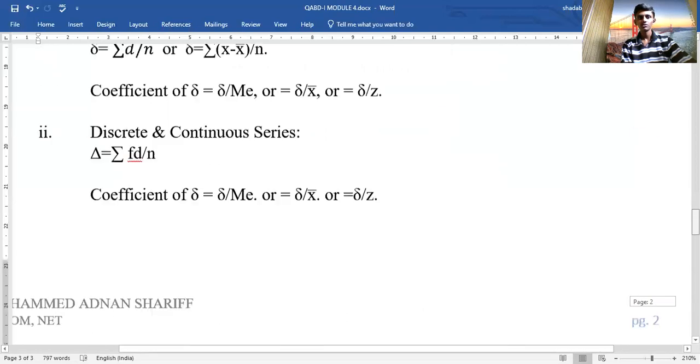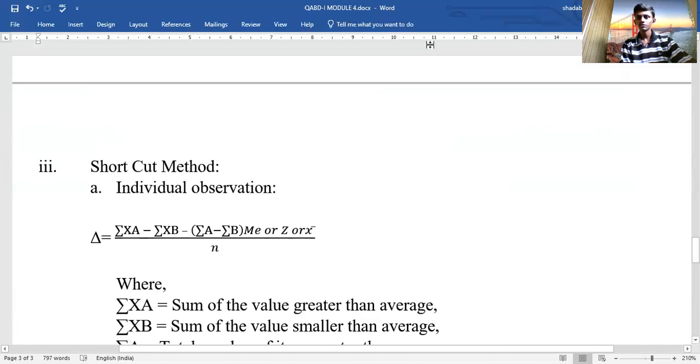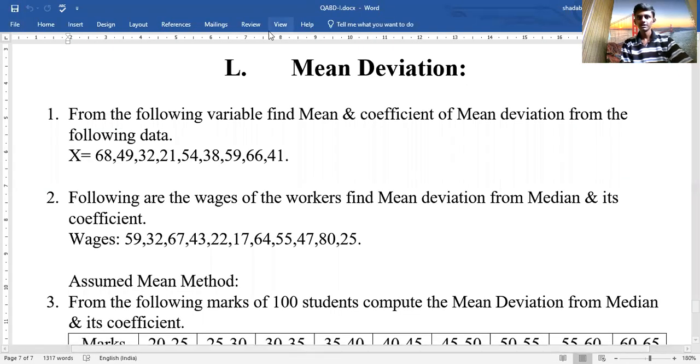Now we will move forward and calculate and see the numerical questions. Just look here, we have an individual series.